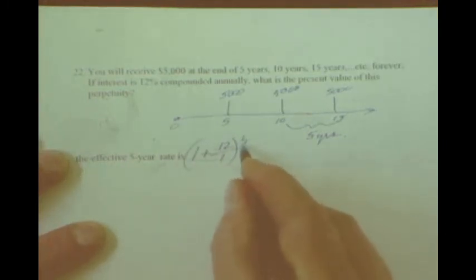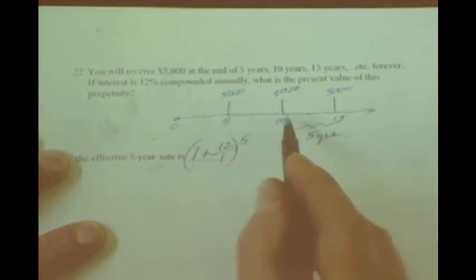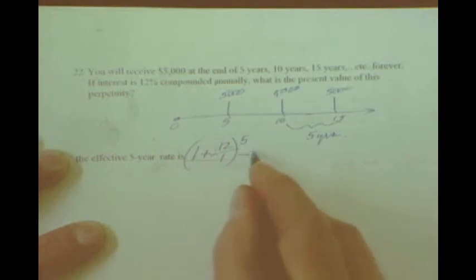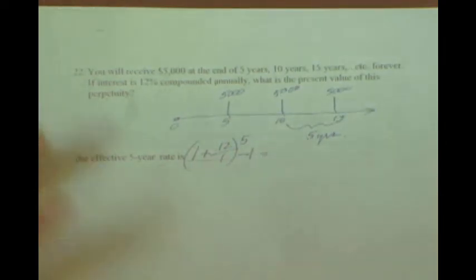I'm going to take it to the 5th power because there's 5 years between payments, and that's the compounding period. And you know, 5 times 12 is 0.6. I'm expecting something in the 0.6 neighborhood, but in over 5 years, there's a lot of compounding going on. So let's see.